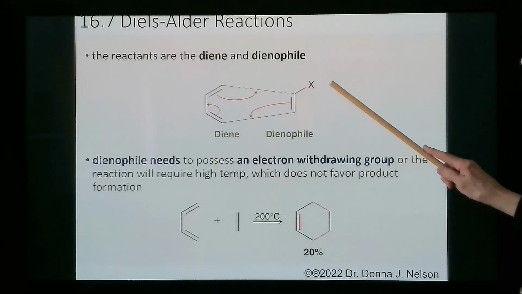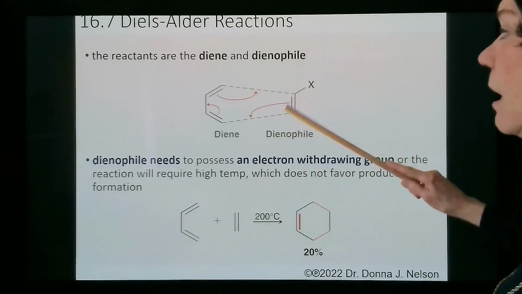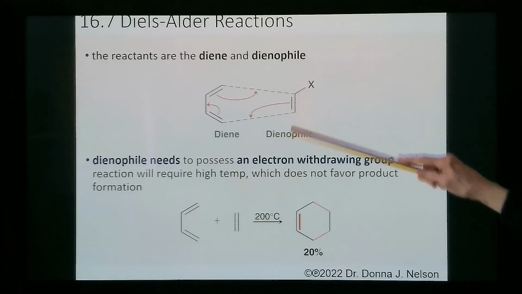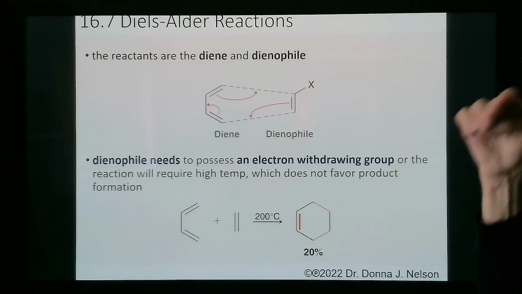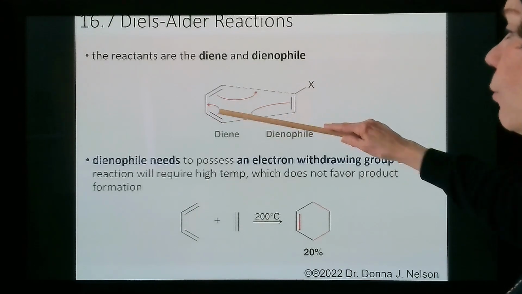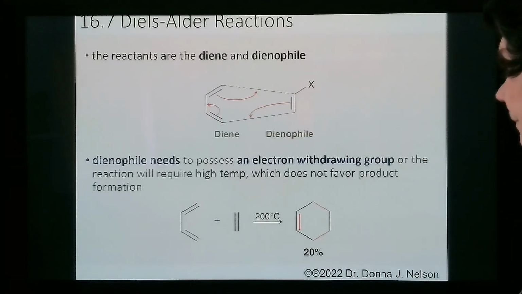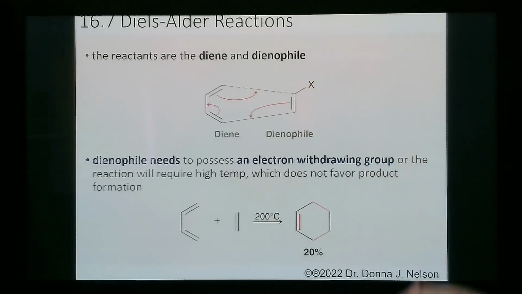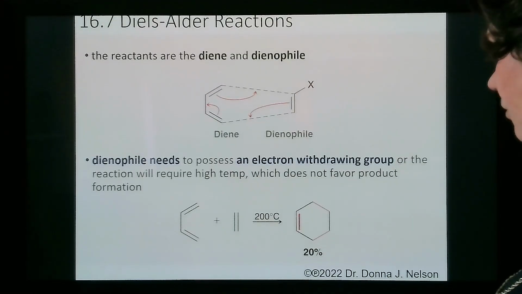And it makes the orbitals actually line up a little bit better because the orbital of the dienophile is shifted a little to overlap better with the orbitals of the diene. And so it doesn't need to possess an electron withdrawing group, but it can occur much more readily if it does. It just facilitates the reaction.